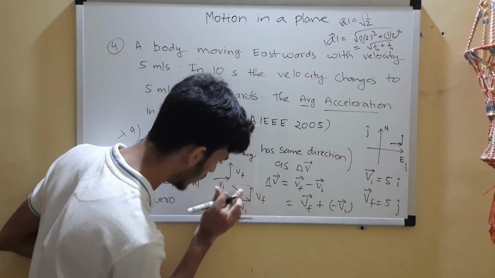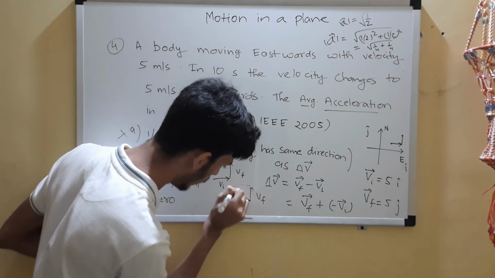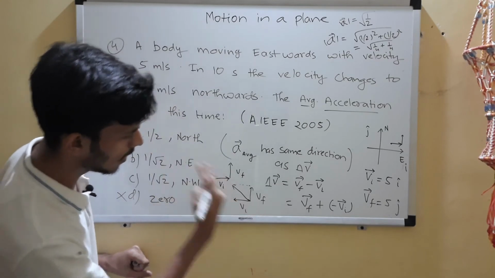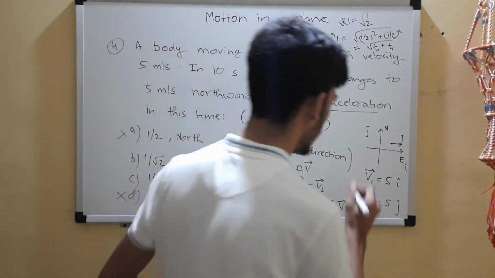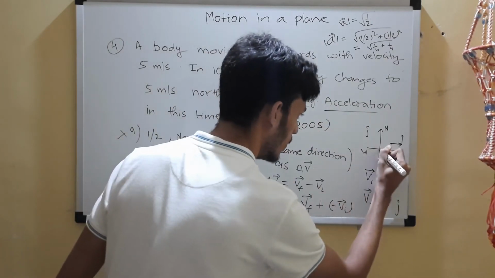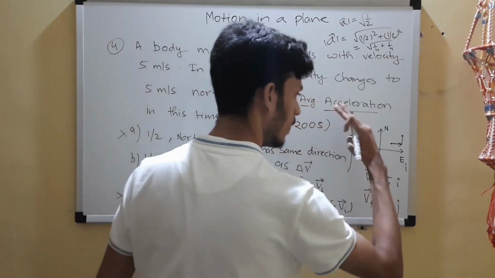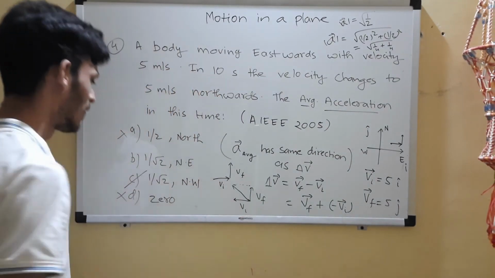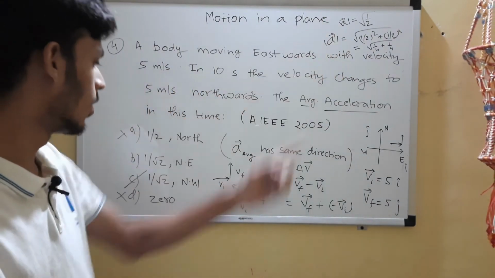Here we have the resultant, the addition, V final plus minus V initial, okay. So here is the resultant. This direction is northwest, right? You can move that arrow over here, bring its tail over here, northwest, right? You can also see it from here, northwest. So northwest, 1 by root 2 northwest.